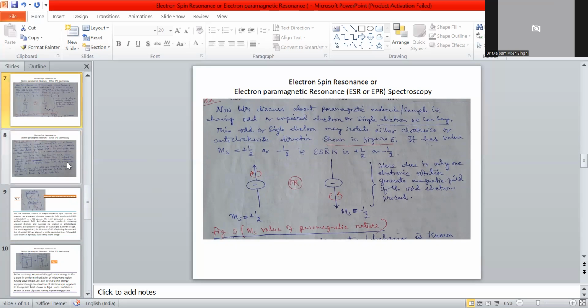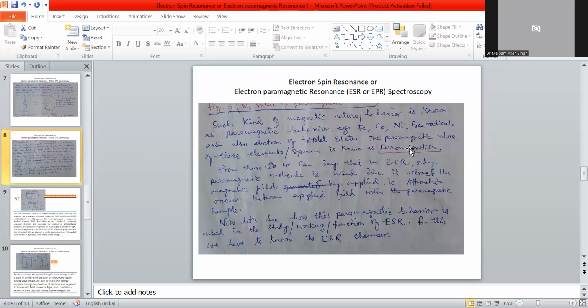Some common examples are iron, cobalt, nickel, free radicals, and also the triplet state. The paramagnetic nature of these elements is known as ferromagnetism. From this, we can say that in ESR, electron spin resonance, only paramagnetic molecules or samples are used, since they are attracted by the applied magnetic field. That is, attraction occurs between the applied field and the paramagnetic substance.